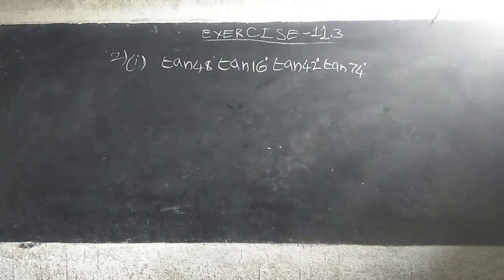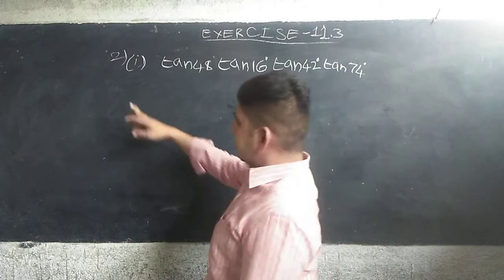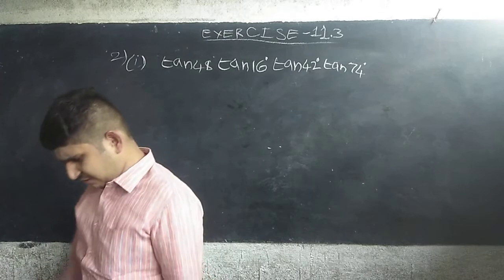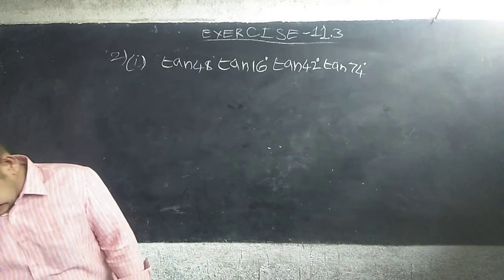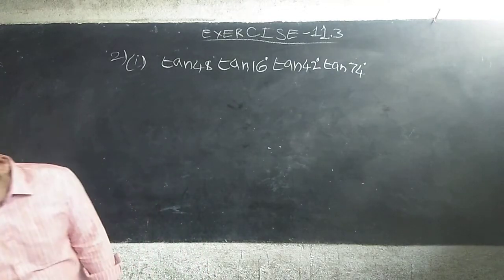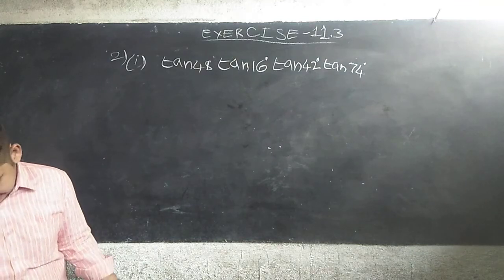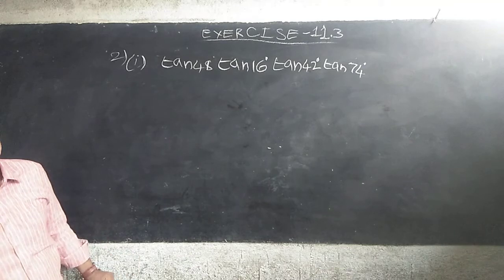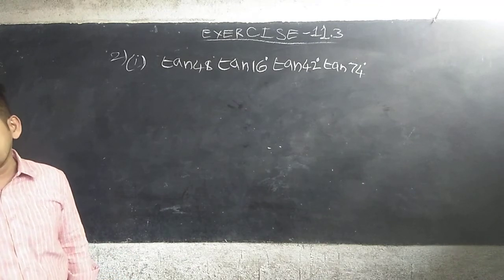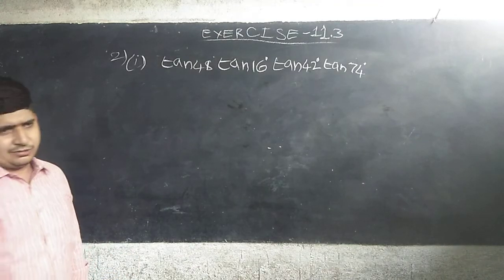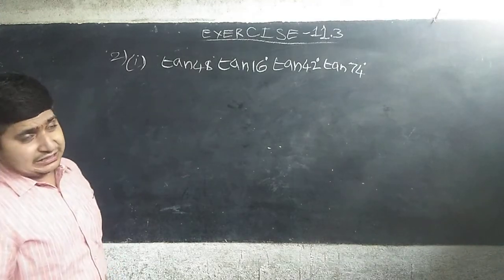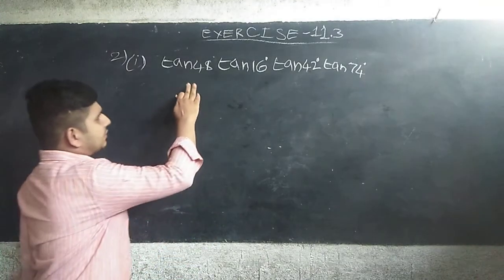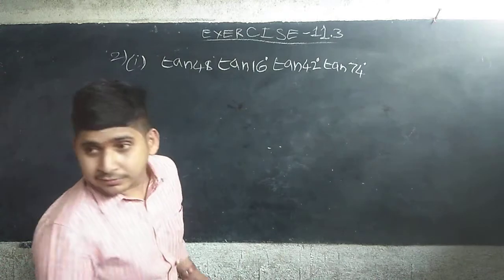Now we are going to discuss exercise 11.3 second bit. What is the second bit? Prove that tan 48 degrees into tan 16 degrees into tan 42 degrees into tan 74 degrees is equal to 1. Don't get confused here, four different angles are given.